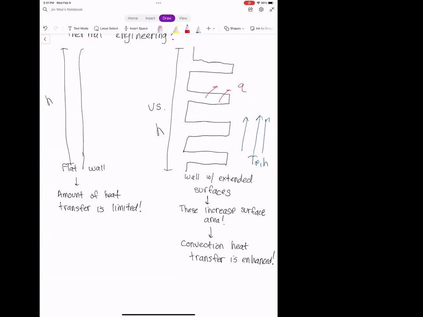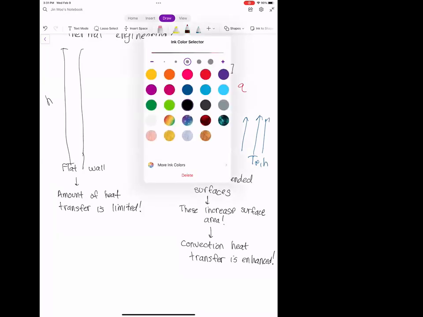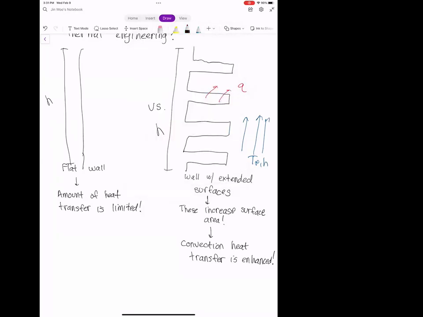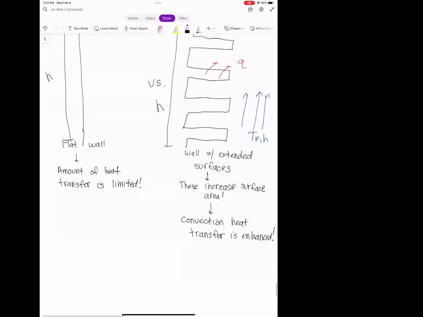All right. So why would you want this? Why would you want to enhance the amount of heat loss from your surface? Well, a big portion of thermal engineering has to do with effective cooling of certain hot parts.